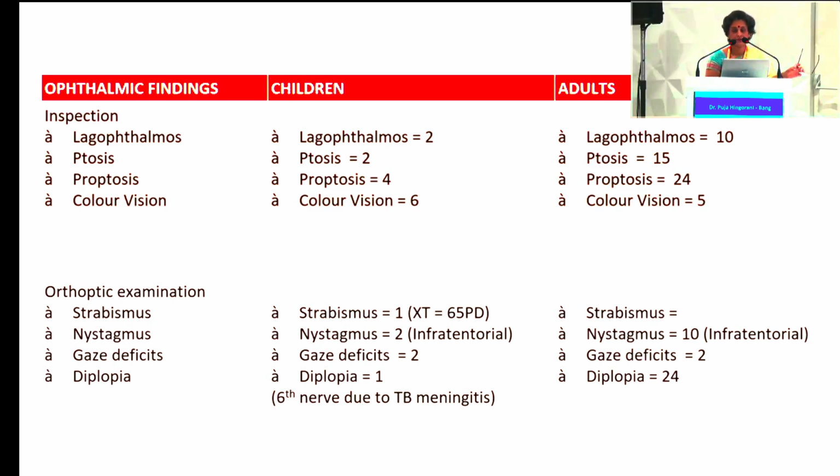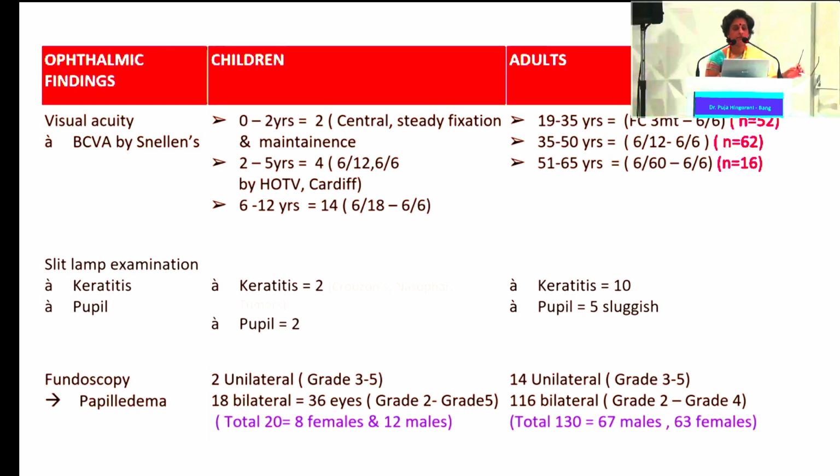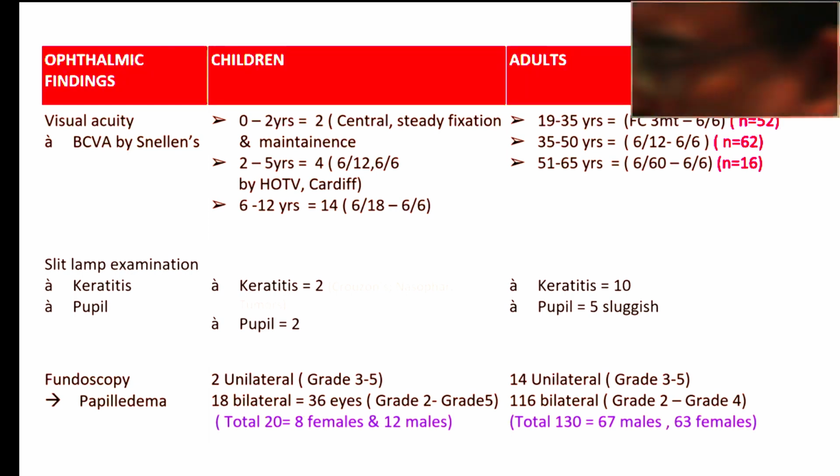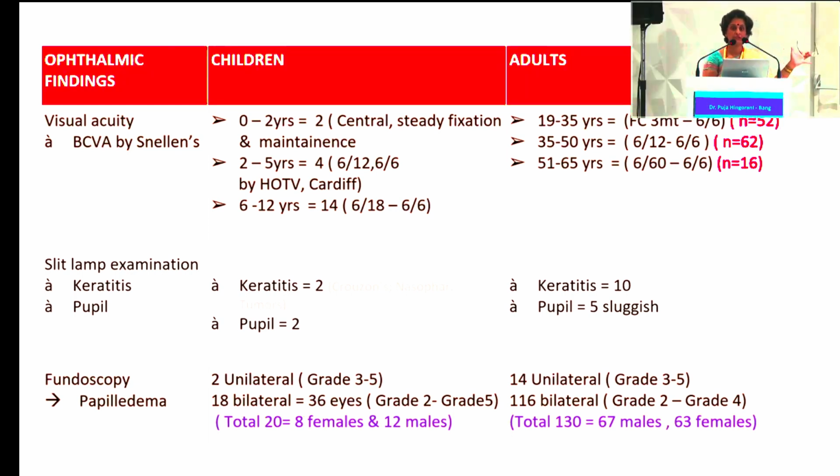However, visual loss we found was more in adults. Children had more tendency towards hydrocephalus, and adults had more tendency towards visual loss, again at a higher age. Keratitis again was mostly due to proptosis, and a sluggish pupil was found more in children proportionately.